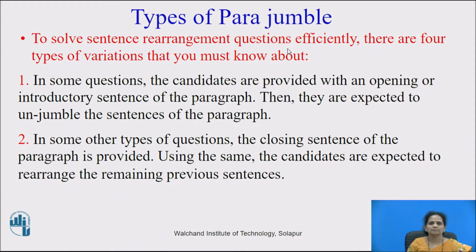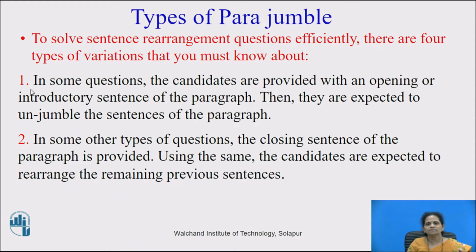Types of Jumble. To solve sentence rearrangement questions efficiently, there are 4 types of variations that you must know about. The first one: in some questions, the candidates are provided with an opening or introductory sentence of the paragraph.